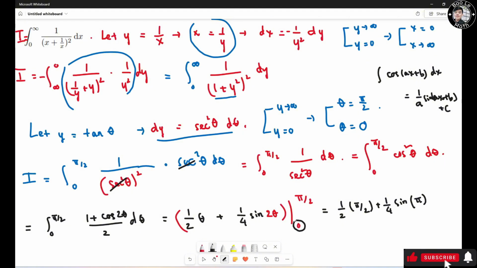When you substitute 0 for theta, every single thing equals 0, so you don't need to write it. So this becomes pi over 4 because this one equals 0, and this is the final answer.